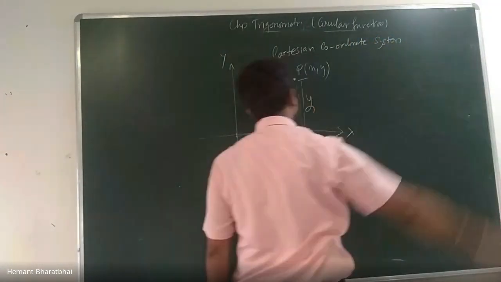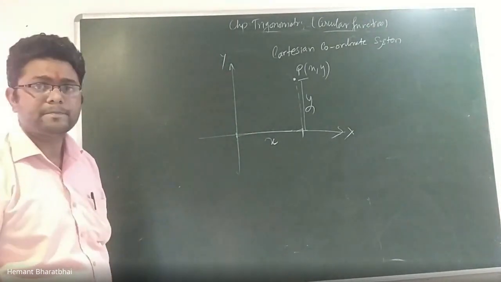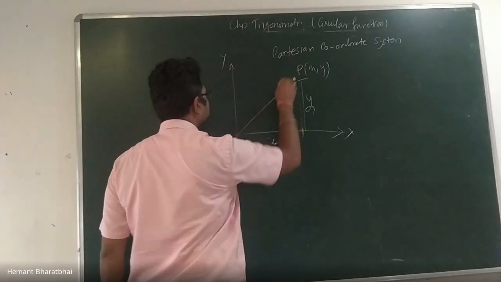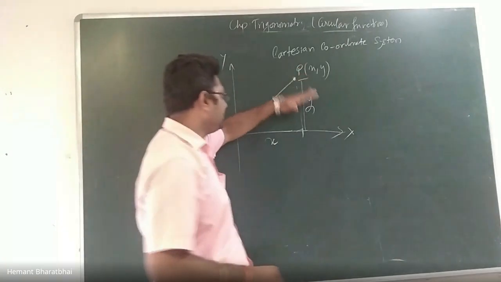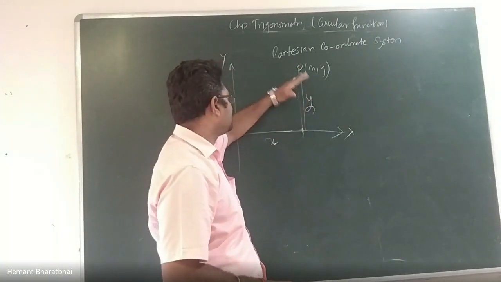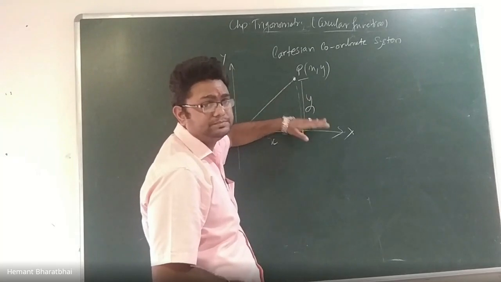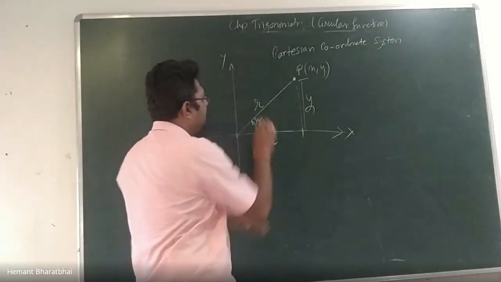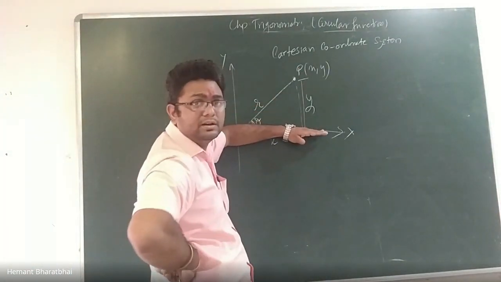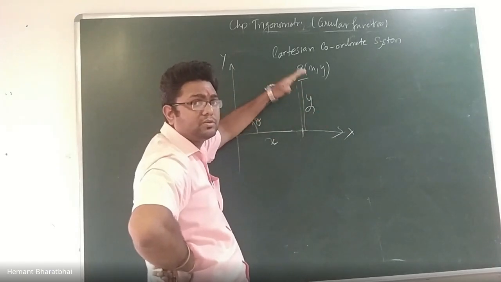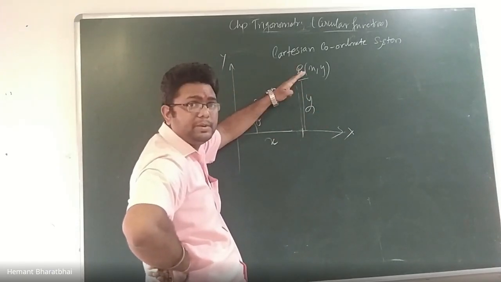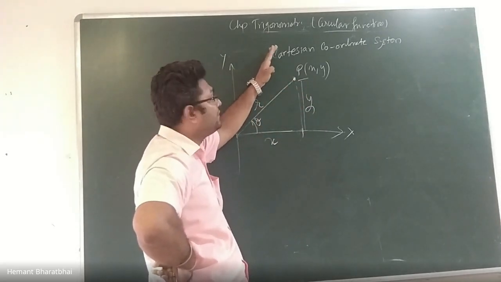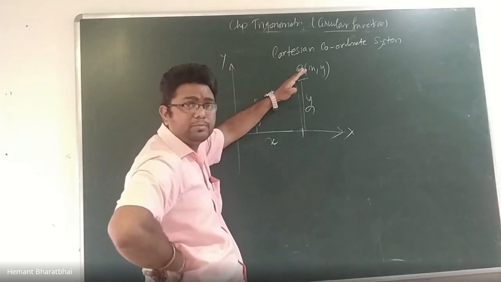But apart from that, I can do one more thing. I can take a fixed length and say traverse this much angle. I can take a distance r and say that I'm over here and rotate by so and so angle so that you will reach point P. If I'm rotating a little bit, I'm reaching over here. If I'm rotating more, I'm reaching over here. If I'm decreasing my rotation, am I not reaching point P?